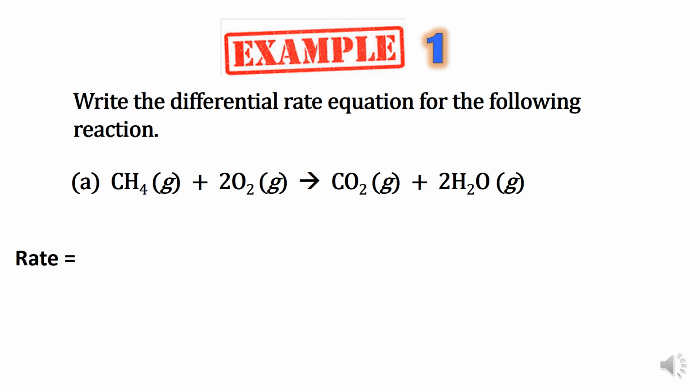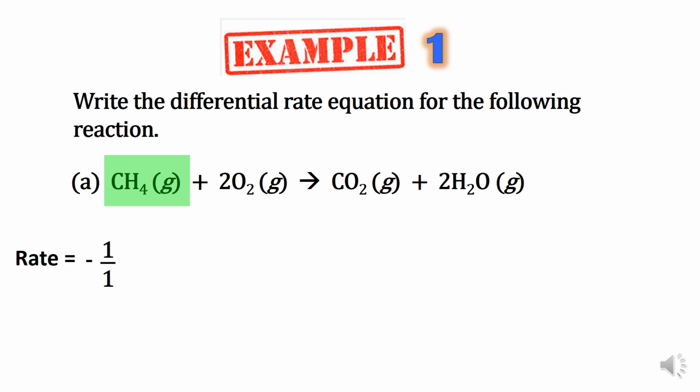First, you need to write rate equal to. Next, look at the first reactant. The first reactant is methane. For reactant, you need to write negative sign. Stoichiometry is 1.